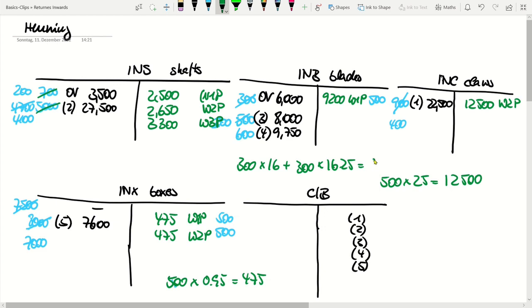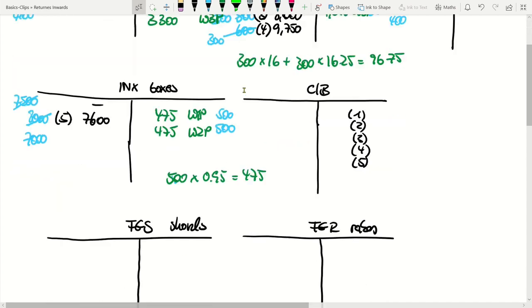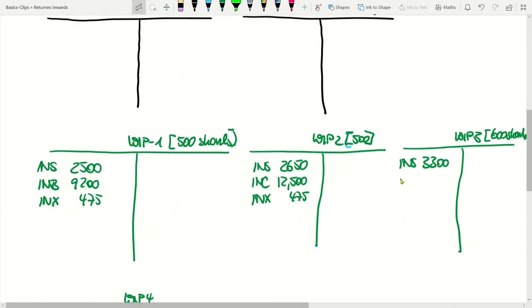This value gives me 9,675. I am paid 9,675.